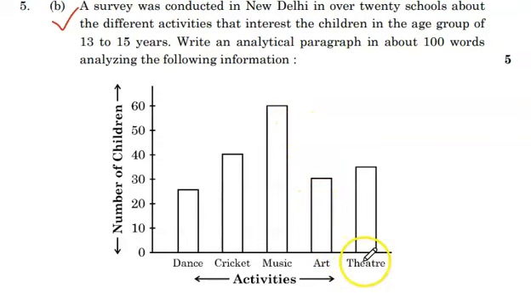Then art and theatre are by and large also popular among students, because around, you can say, 30 respondents are showing their interest in art, and in theatre and drama somewhere around 35% respondents are showing their interest in theatre. So this is the analysis of data and graph.